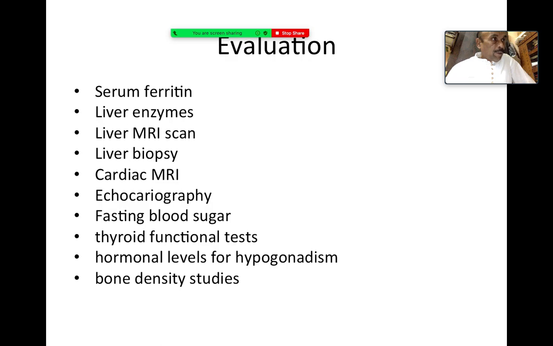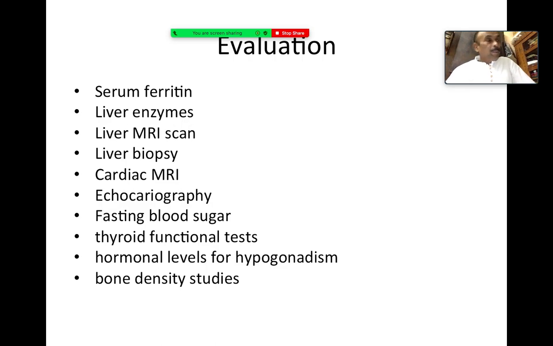Okay, when there is excessive deposition of iron in the liver, which is the primary organ that is associated with the deposition of iron, hepatic damage can be studied with evaluation of the liver enzymes, followed by MRI scan of the liver, which also shows the amount of iron deposited in the parenchymal cells, and liver biopsy is the gold standard to know the iron per dry weight of the liver in grams.